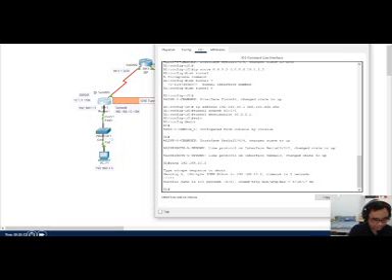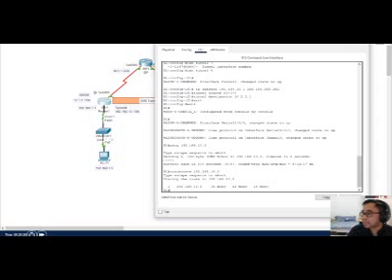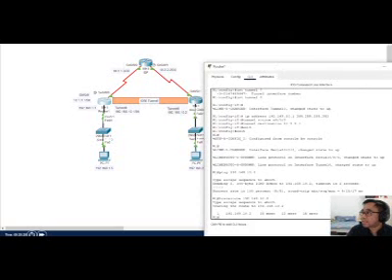Let's check trace route 192.168.10.2. As we can see, the route didn't go through here, but goes directly to here.